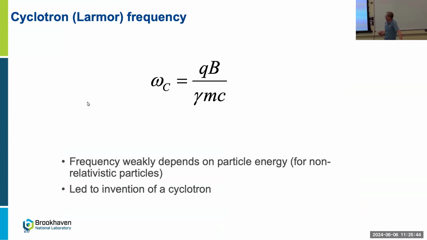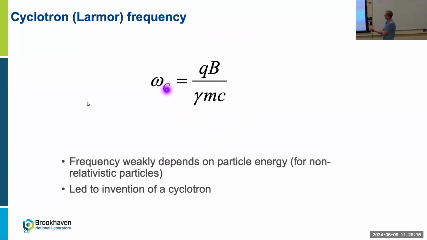Well, the first principle came from the understanding that for a particle circulating in a uniform magnetic field, its frequency varies very weakly while the particle is non-relativistic, so gamma is close to being 1.